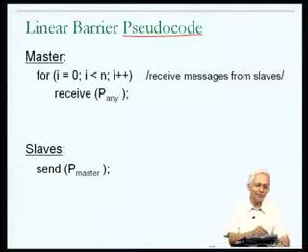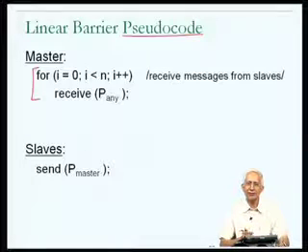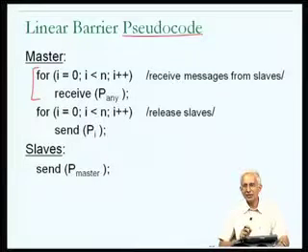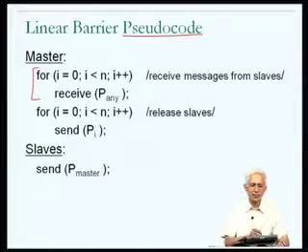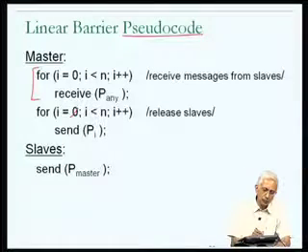Now, after the master exits from this loop, we know that it has received a message from each of the participating processes in the barrier. It can then go ahead to a second loop where it sends a message to each of the processes participating in the barrier. So it sends first to process P0, then to P1, then to P2. First to process P1, so this should be corrected to 1.